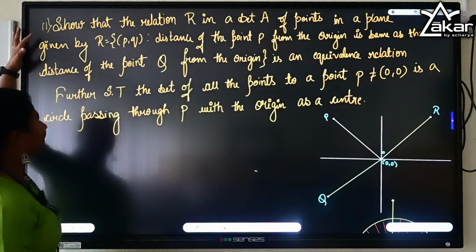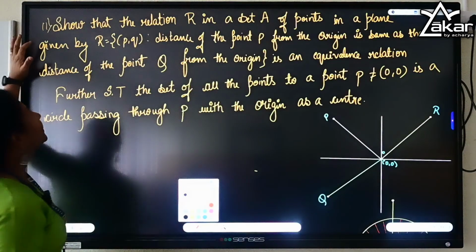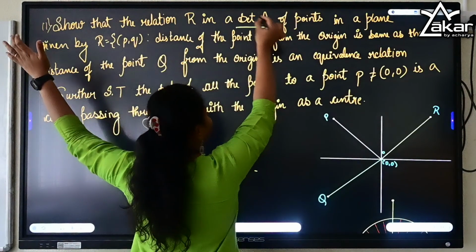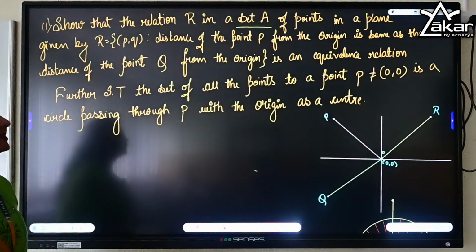The question given is: show that the relation R on the set A, defined on the set A of all the points in a plane.